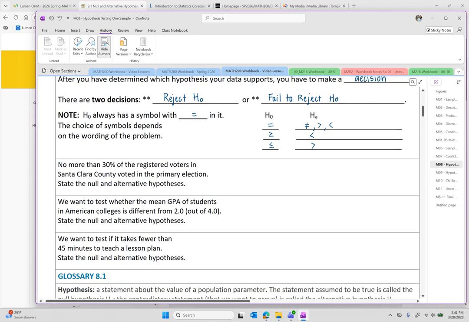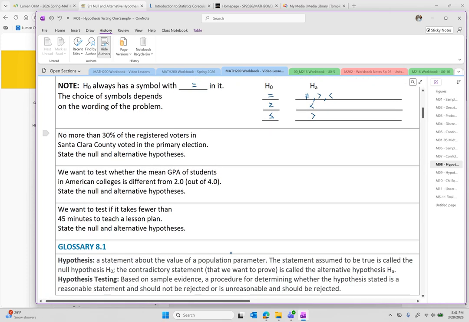So let's try to come up with the null hypothesis and the alternative hypothesis for these problems. No more than 30% of the registered voters in Santa Clara County voted in the primary election. State the null and alternative hypotheses. No more than 30% means, actually this should be two dots, not equals. It will be an expression that will have an equal sign.